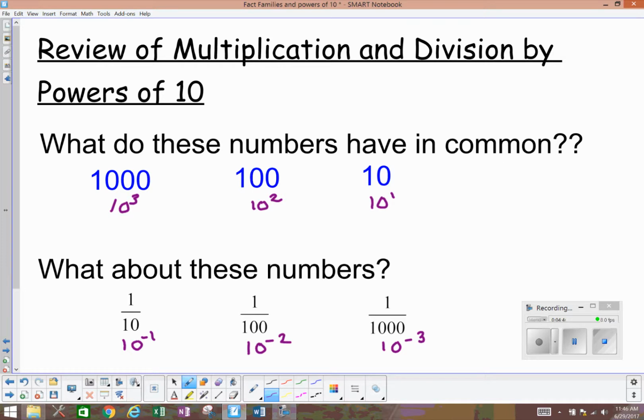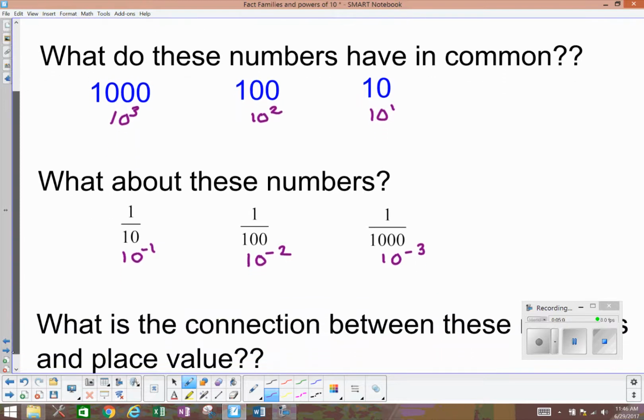By making the powers negative, we have moved the powers of 10 into the denominator. In other words, we've taken the reciprocal of the powers of 10.